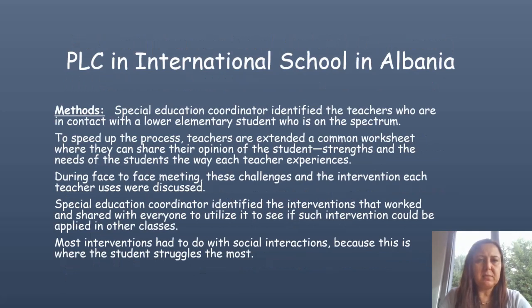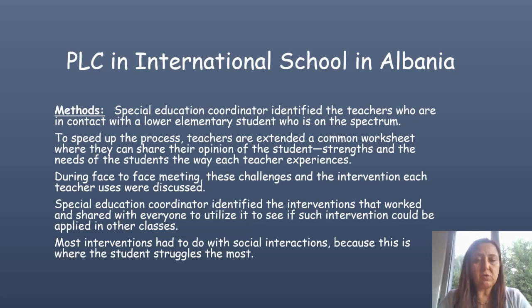The methods we used for this program: the special education coordinator identified the teachers who are in contact with the lower elementary student who is on the spectrum. To speed up the process, teachers were given a common worksheet where they can share their opinion of the student's strengths and needs, the way each teacher experiences them. During a face-to-face meeting, these challenges and the interventions each teacher uses were discussed.